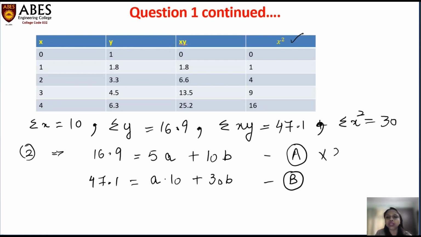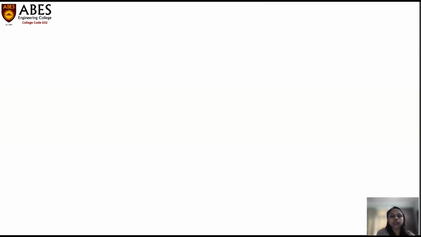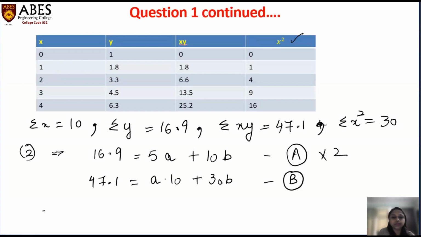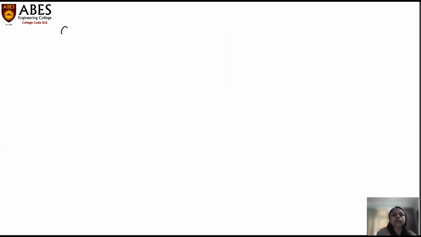Now we have to solve these equations and we can get the values. We can multiply equation number A by 2 and we can subtract equation number A and B. So on solving these two equations, that is multiplying equation number A by 2 and subtracting from B, we will get a as 0.72 and b as 1.33.